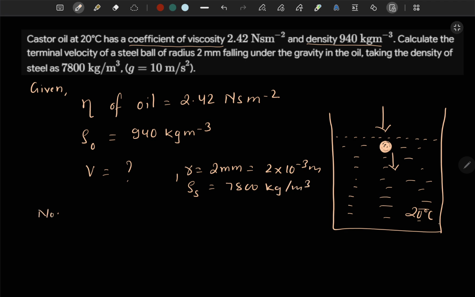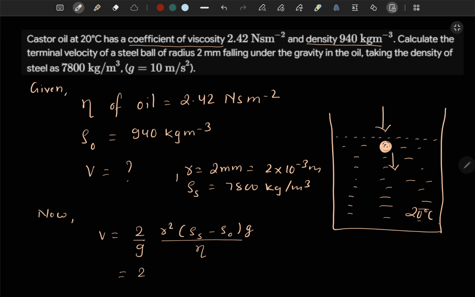And now we have the direct formula for calculating the terminal velocity as v is equal to 2 by 9 r square, density of steel minus density of oil, into g by eta, where eta is the viscosity of oil.